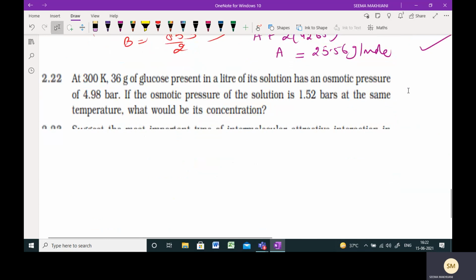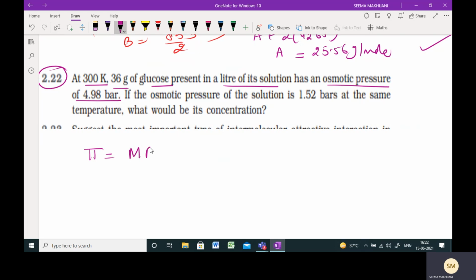Now the last question is 2.22 of NCERT. This question says, at 300 K, 36 grams of glucose is present in 1 liter of the solution and the osmotic pressure given to you is 4.98. Pi is equal to MRT or CRT, where C is the molarity. Molarity times RT is the formula that we use for osmotic pressure.